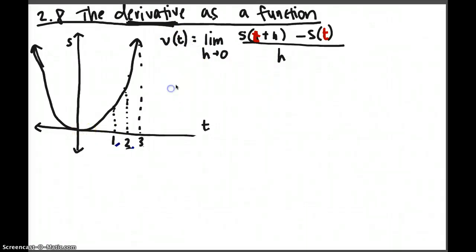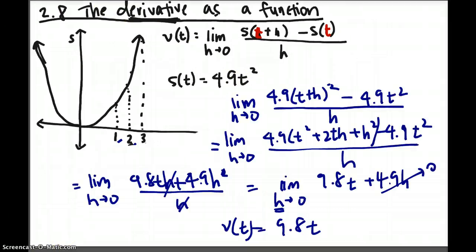Now, some physics will actually tell us that the distance at which a free-falling object falls is given by this equation, the distance measured in meters and time measured in seconds. And with a little bit of magic, voila!